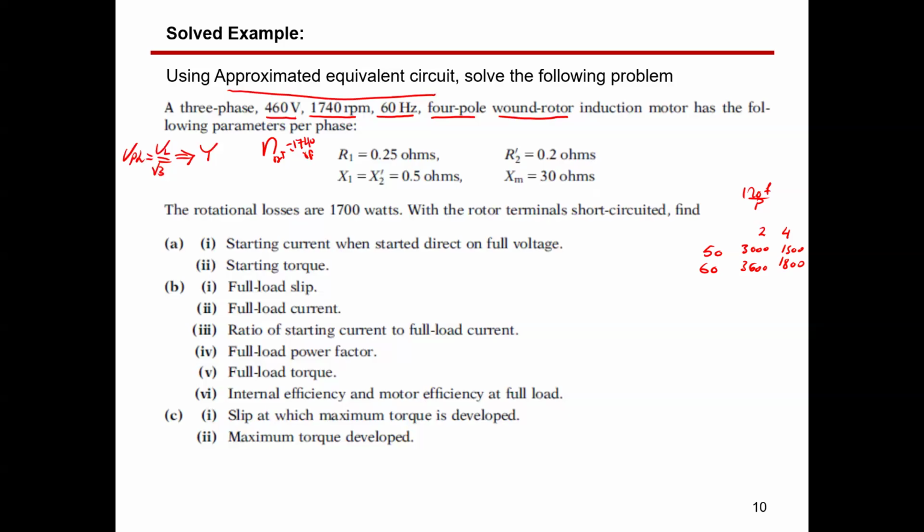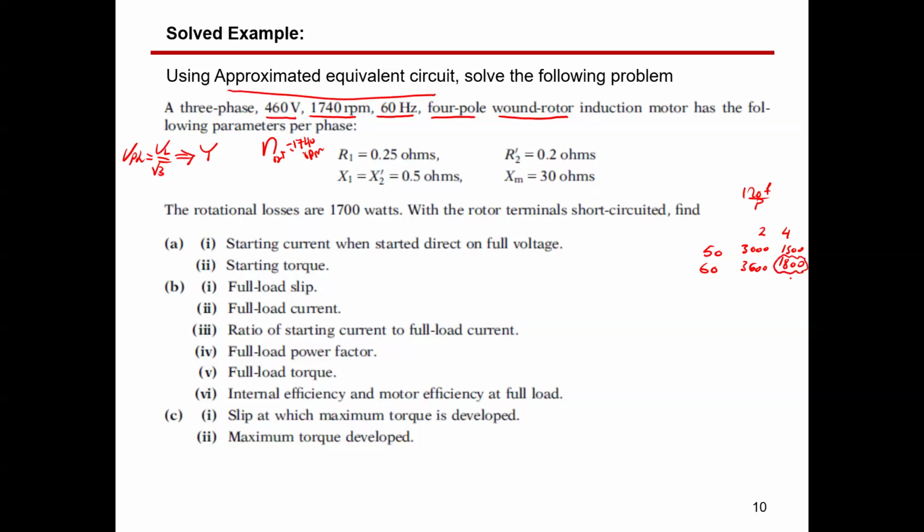1740 RPM. 60 hertz, this is our grid frequency. 4 poles, it has to be 4 poles because you know that 1740 RPM, this is the motor speed. It has to be very close to the synchronous speed, which is 1800 in this case.